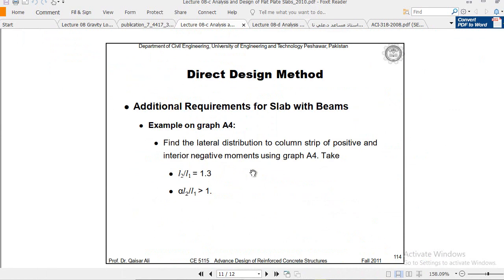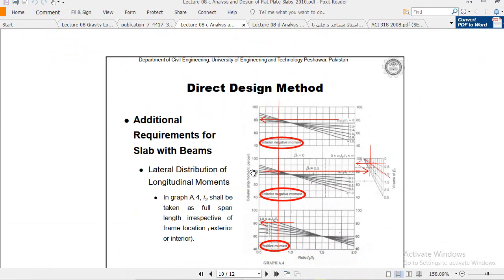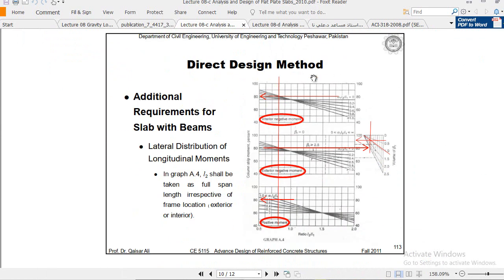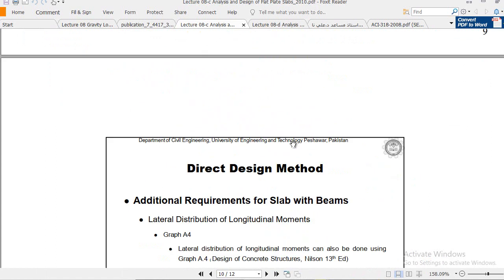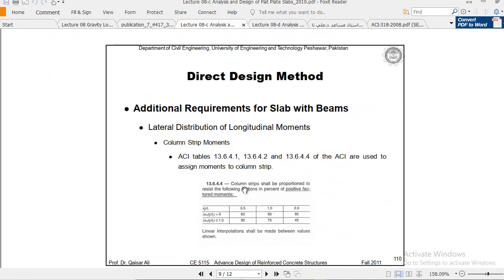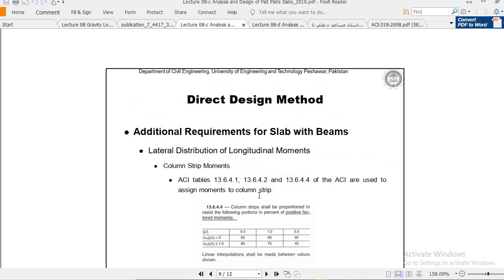Okay, now this is graph A4. Remember, you can use either this graph or these tables.